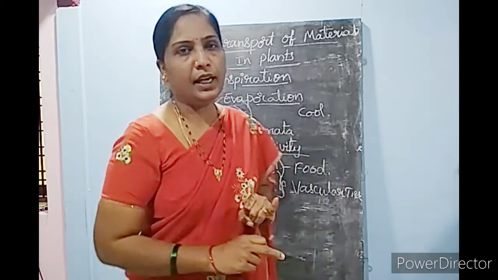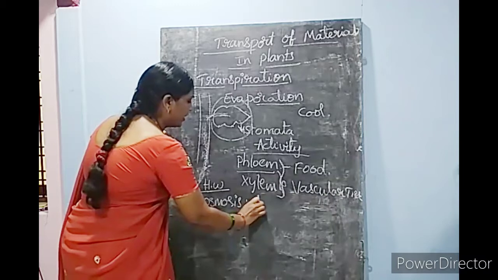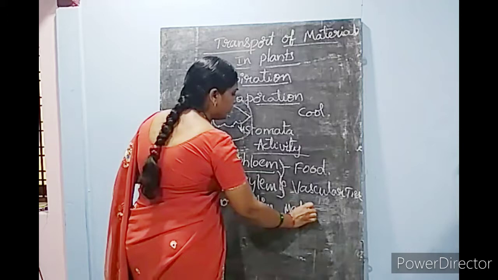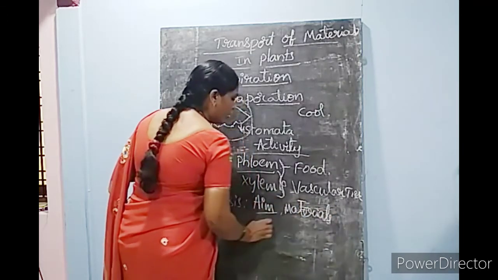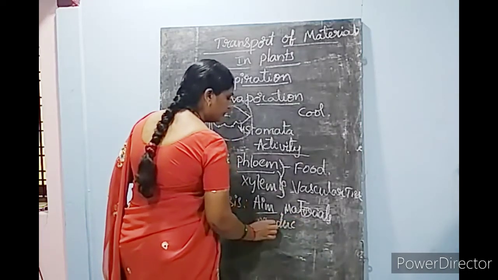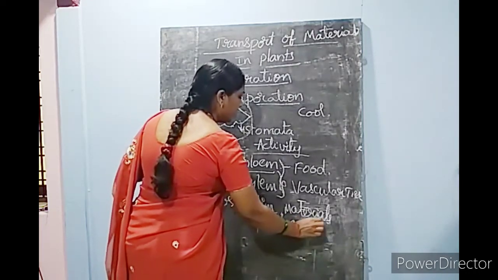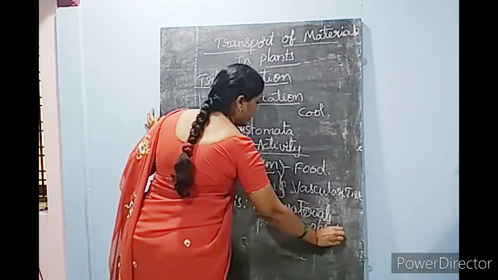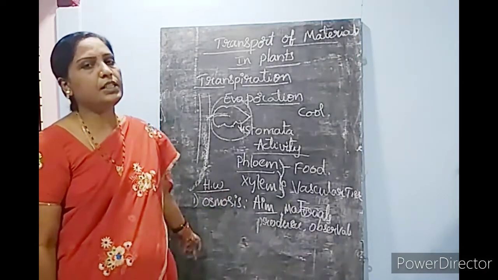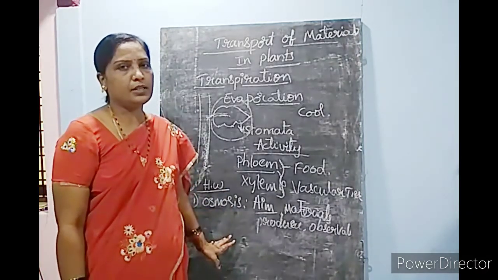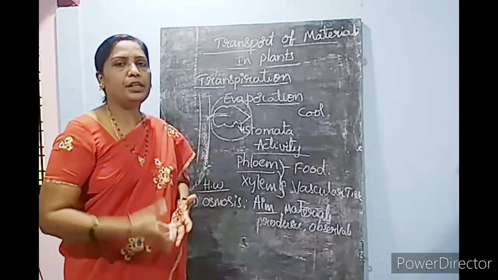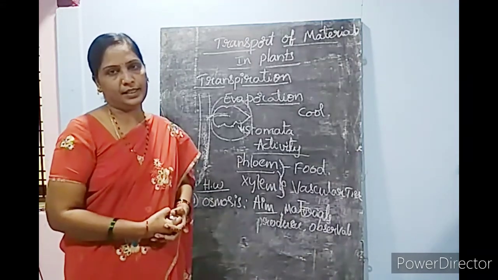What for you are doing that activity, that is, write the aim of the activity, and what materials you are using to do that activity, and what procedure you are following to do that. And finally, your observation. And even draw the diagram near this activity. So this is your today's homework, children. Draw the diagram to prove how the osmosis process is helping to transport the materials in plants.